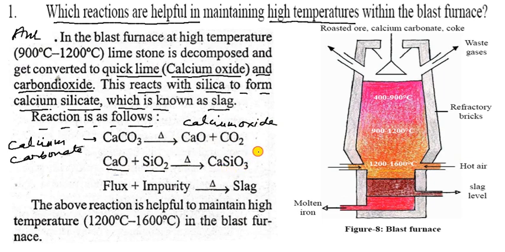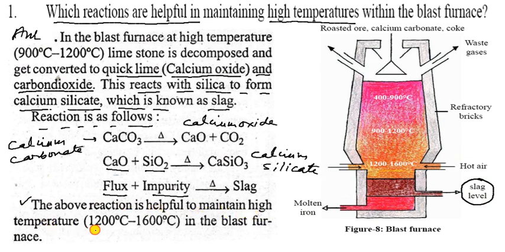Calcium carbonate, when it is heated, it gives calcium oxide and carbon dioxide. And the calcium oxide with impurity silicon oxide, they mix together, they form calcium silicate. And that calcium silicate is the slag.